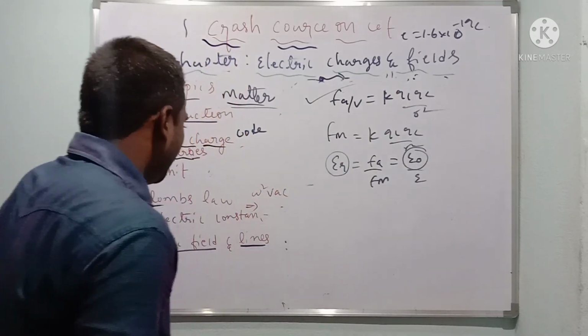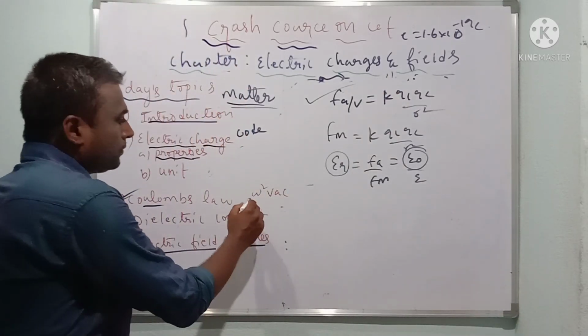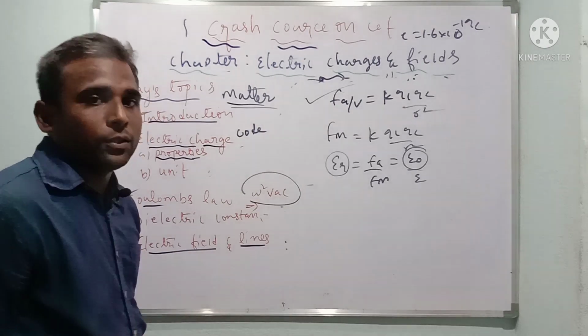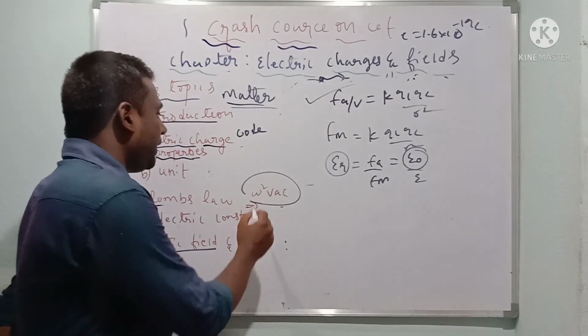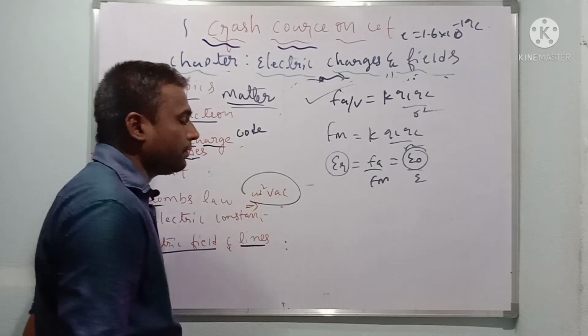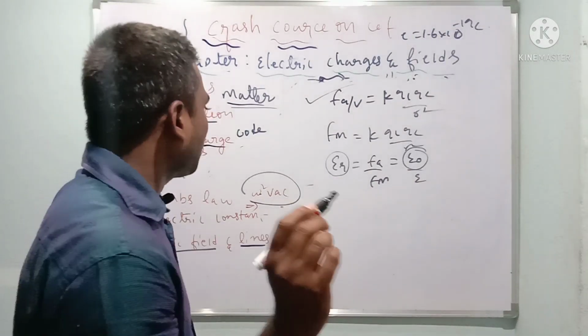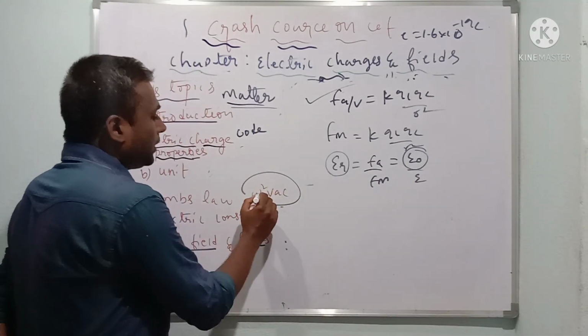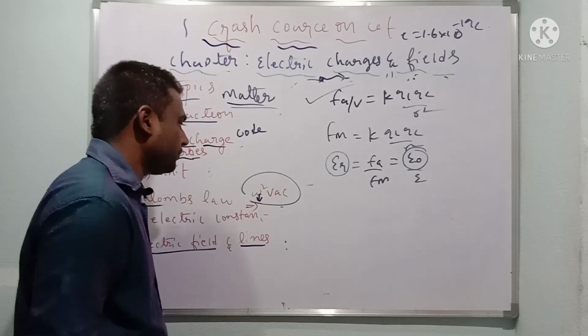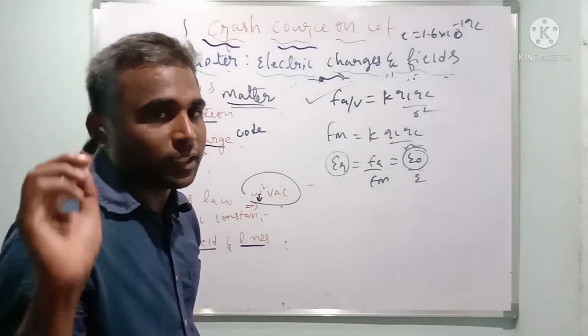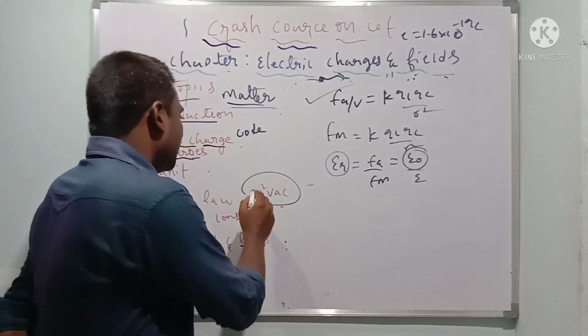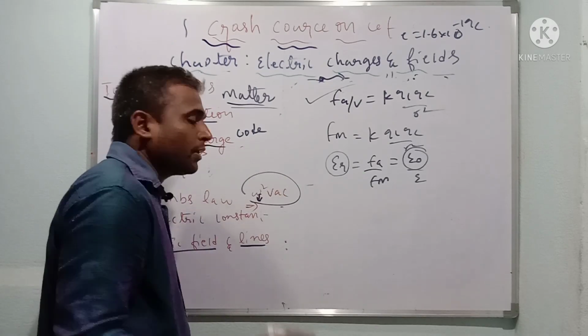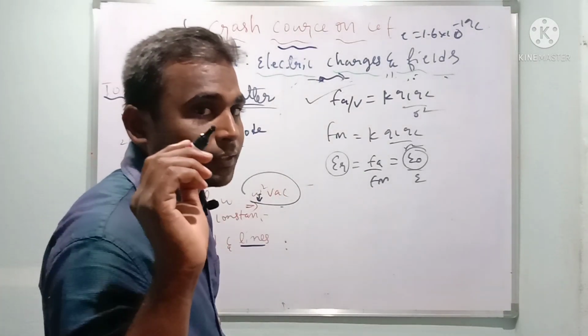And here in the numericals we should use dielectric constant values. So I made the mnemonic: W, W, V, A, C. Remember, first W stands for water vapor, that is 1.007. Second W stands for water, that is equal to 78.